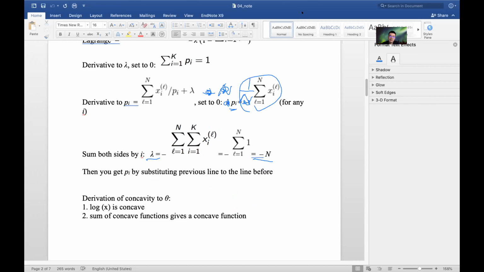Any questions? Okay, let's continue. So this is basically our derivation of the conclusion in our slide.